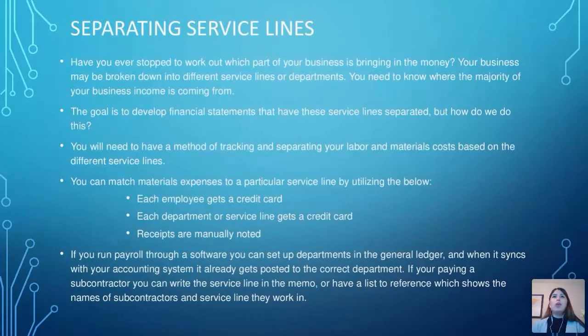You need to know where the majority of your business income is coming from, right? Maybe you're losing money on your arbor services. Maybe you're making more money in your irrigation service line. Whatever the situation may be, this can bring clarity into your business, and maybe you need to cut a service line because it's not as profitable or efficient, or maybe you're not as knowledgeable, right? And you could catch this early on by implementing this.